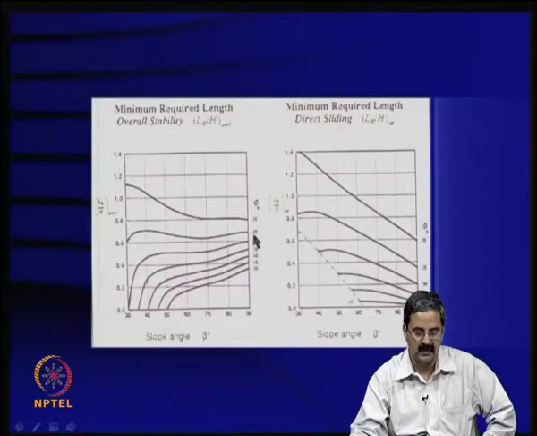Similarly, if it is 25, it is maybe about 0.63 or something like that. So, these things will give you some idea of what should be the length of the reinforcement required for overall stability. This is the length required for overall stability, and this is the minimum length required from direct sliding considerations.